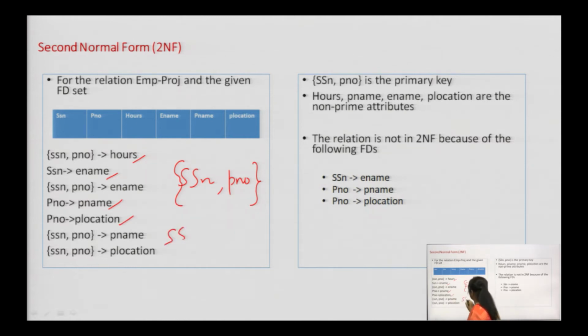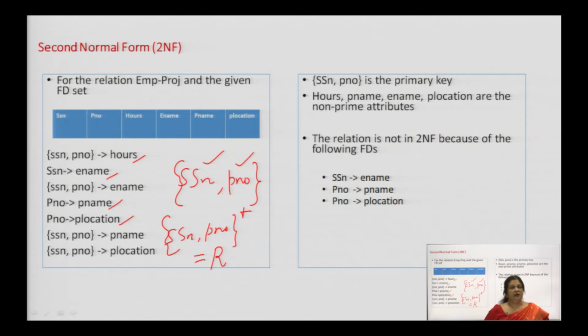So, that means the closure of SSN PNO is equal to R, and hence SSN PNO is a key. Now, Rs, pname, ename, plocation are the non-prime attributes, and the prime attributes are SSN and PNO.